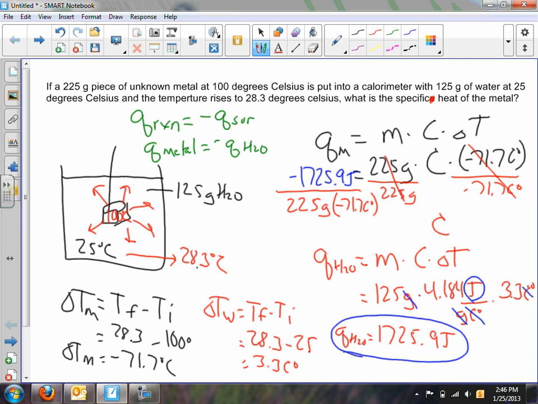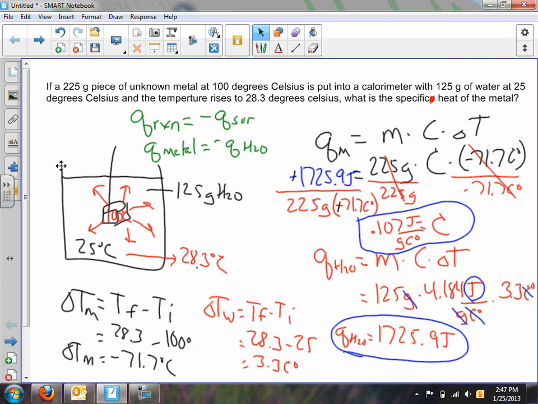That leaves me with C, or specific heat, of 0.107 joules over gram Celsius degrees. And that would be the answer for the specific heat of the metal. Notice the two negatives cancel out. Specific heat will always have to be a positive value.